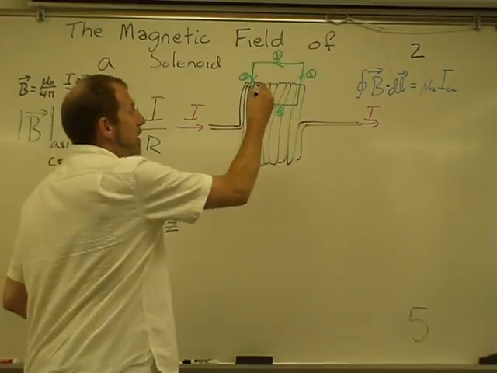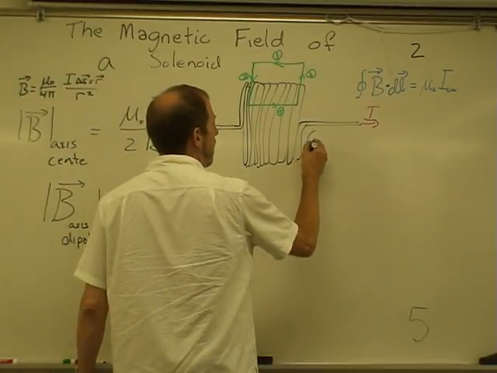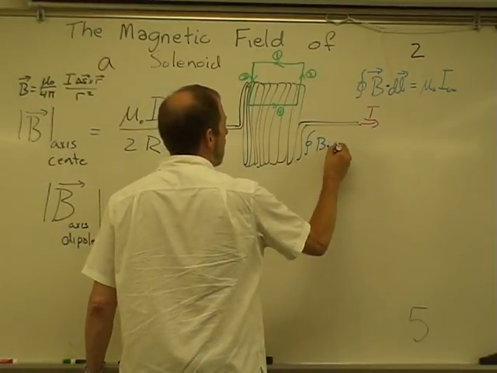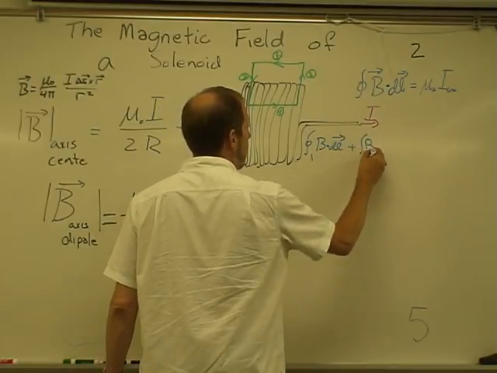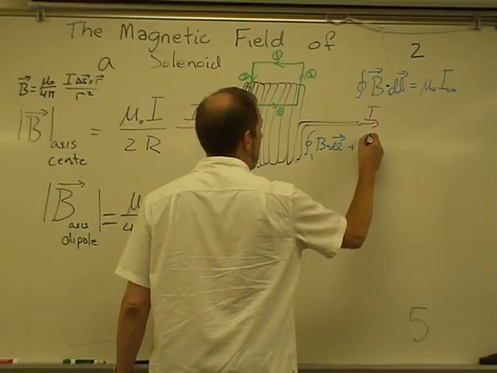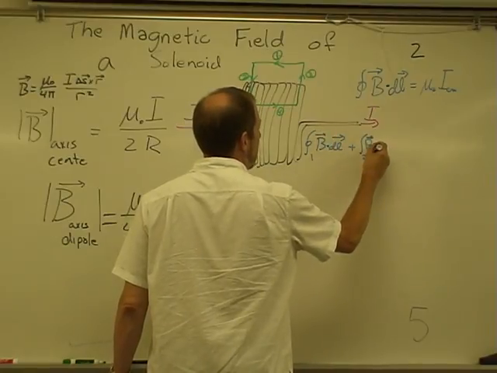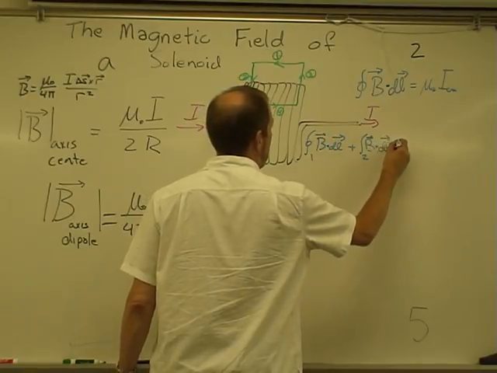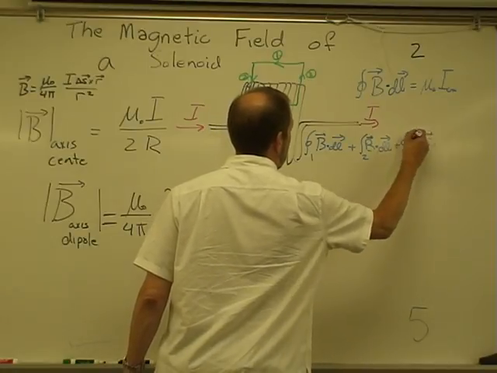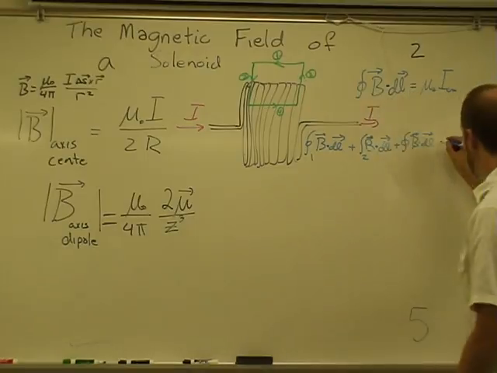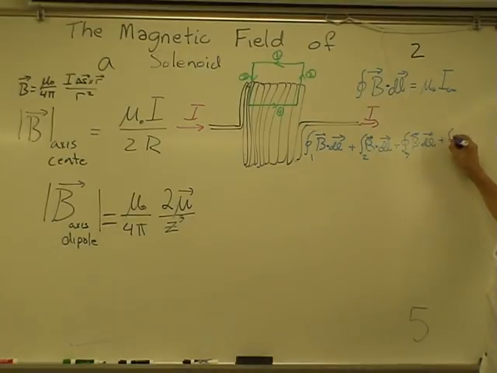So that integral actually becomes the integral over segment 1 plus the integral over segment 2 plus the integral over segment 3 plus the integral over segment 4.